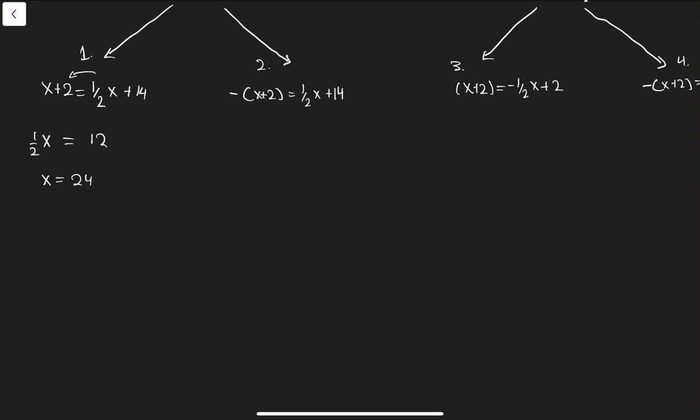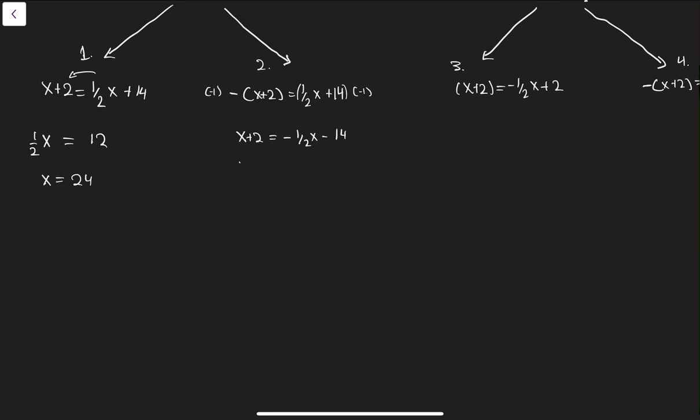Good. On the other side, let's multiply both sides by negative 1. We get x plus 2 is equal to minus 1/2 x minus 14.